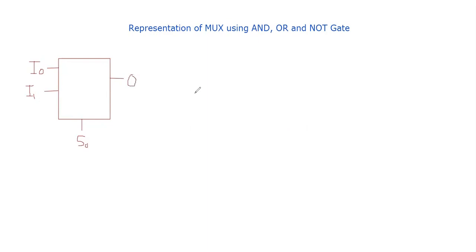So how to represent it using AND gates? We will need 2 AND gates here. One AND gate and the second AND gate. How many inputs do we have? We have 2 inputs, right? So this is I0 and this is I1.